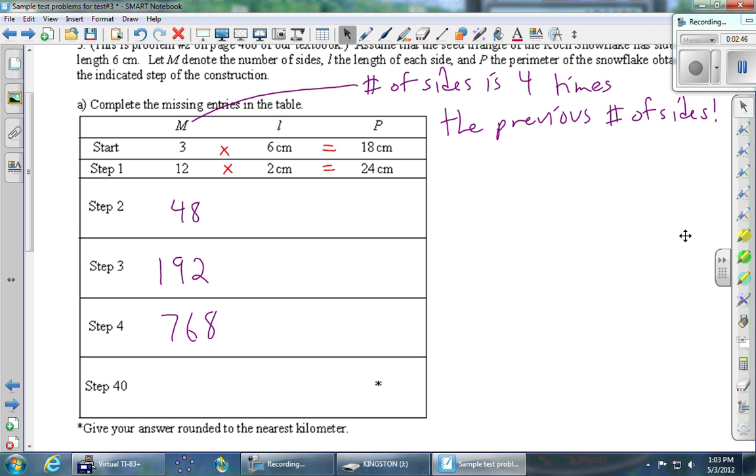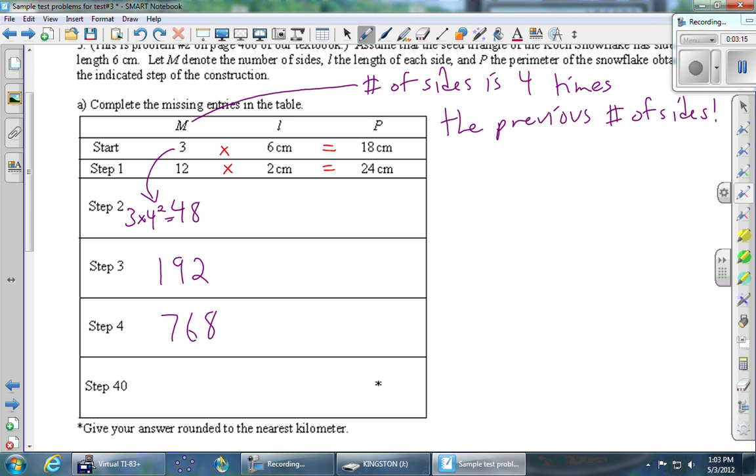Instead of thinking of just multiplying the previous number by 4, which is a recursive way of thinking and would rely on having the 39th step in order to get the 40th step, let's see if we can come up with a more explicit way to think of it. Maybe better than thinking multiply by 4 to get from 12 to 48, how about we go back to the first number and recognize that this is really 3 times 4 squared.